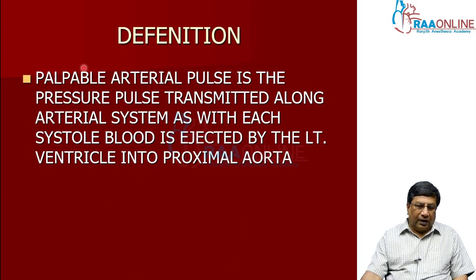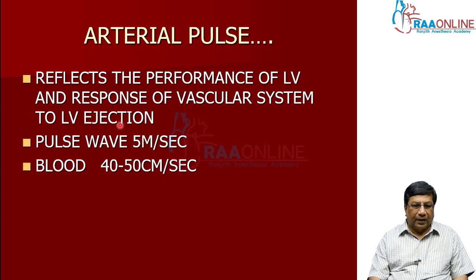So, defining the arterial pulse: a palpable arterial pulse is the pressure pulse transmitted along the arterial system with each systole. It is not the volume which is transmitted; it is a pressure pulse from the left ventricular systole.